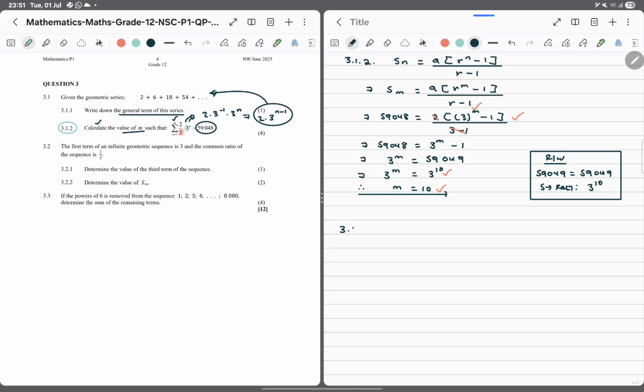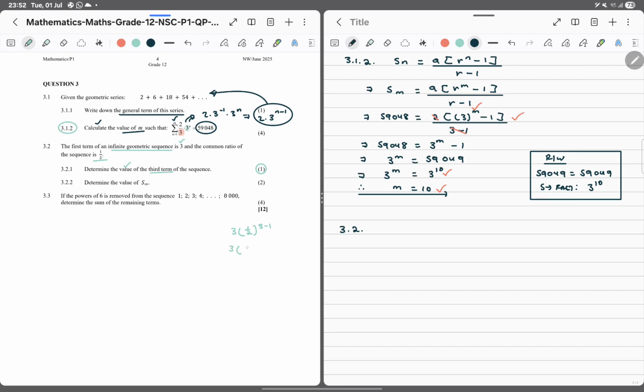All right, 3.2. We are told the first term of an infinite geometric sequence is 3 and the common ratio is a half. Determine the value of the third term of the sequence. It's just 1 mark. So, well, we know that Tn here is a, which is 3, r is a half, n is 3 minus 1, right?